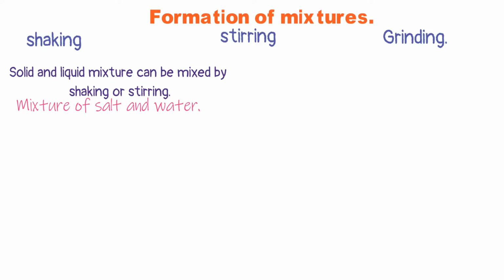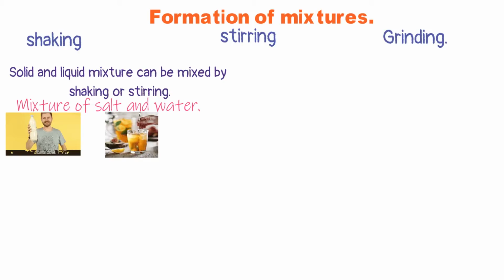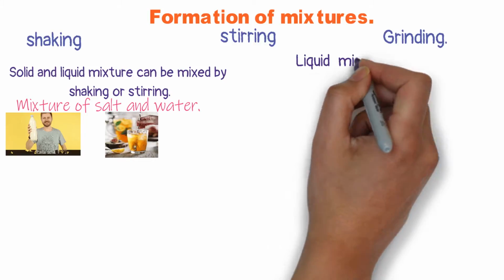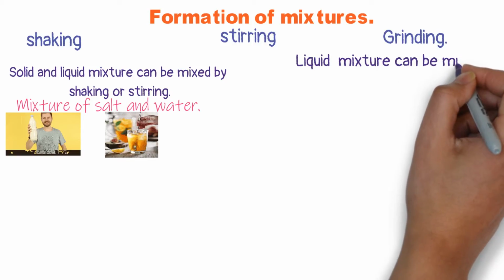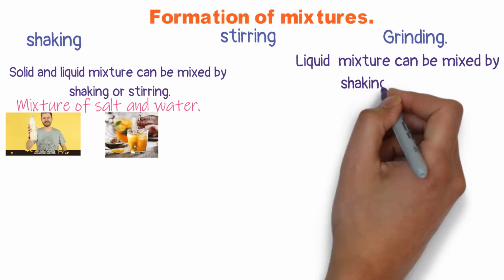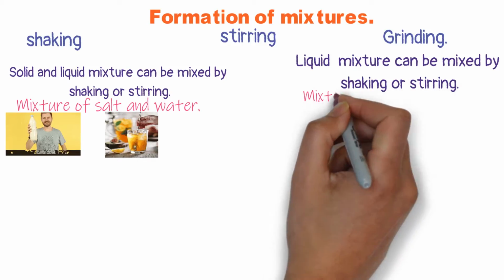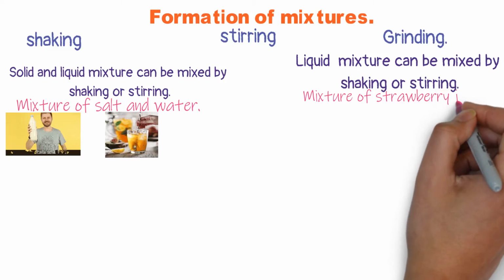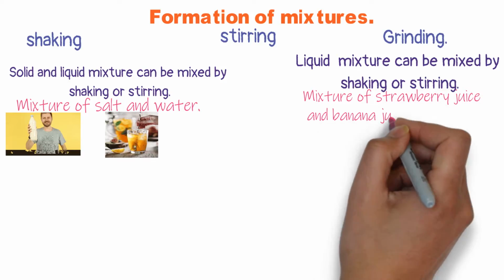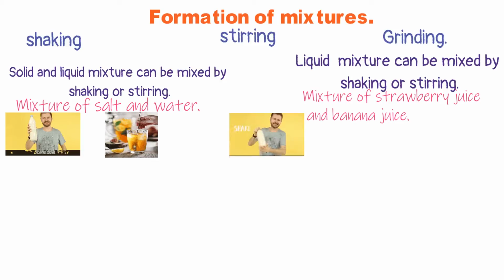We can form it by shaking or stirring. Also, a liquid mixture can be mixed by shaking or stirring, or both of them, like the mixture of strawberry juice and banana juice.